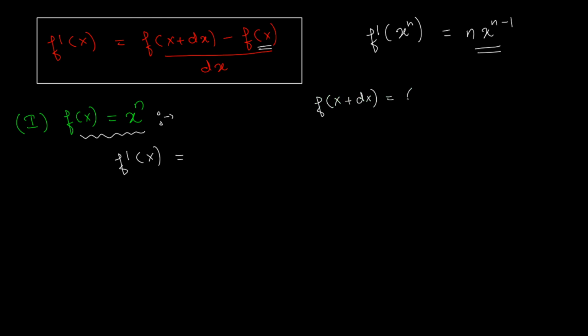I'm thinking it would just be x plus dx to the n, in the spirit of x to the power n. Instead of x, you have x plus dx, whole to the power n. So to substitute, you'd have x plus dx to the n minus f of x, which is simply x to the n, divided by dx.